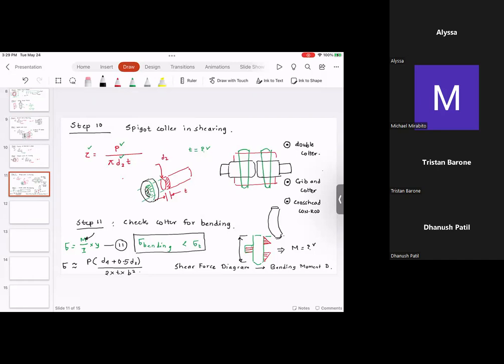But the basic design steps are the same, but depending upon the application, there might be some changes here or there. Now, any questions?